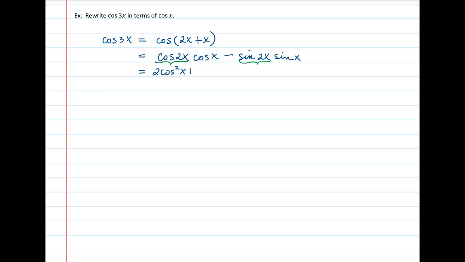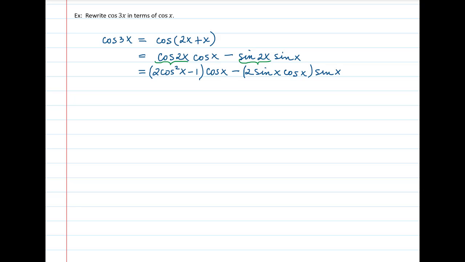For cosine of 2x, we use our double angle identity, and since we want everything in terms of cosine, we purposely choose that variation of the cosine double angle: 2 times cosine squared of x minus 1. All of that is being multiplied by cosine of x.